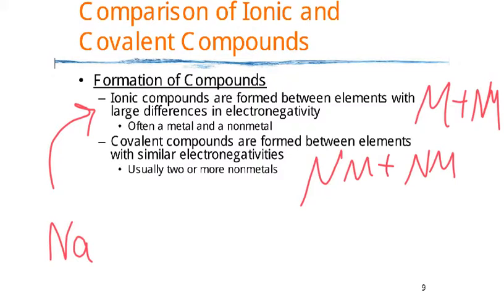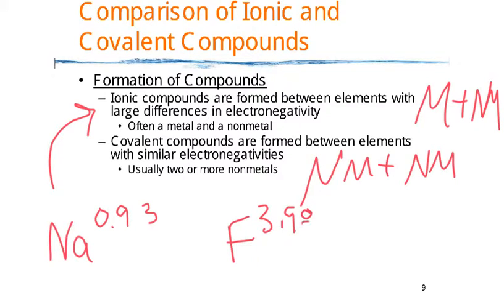So sodium, if you turn to the back of your periodic table, it shows you the electronegativity on the top right. So look at sodium. The electronegativity is 0.93. Look at fluorine. The electronegativity for fluorine is 3.98.